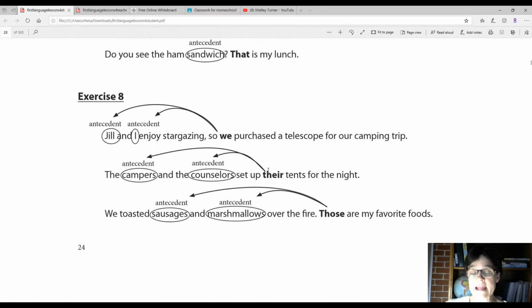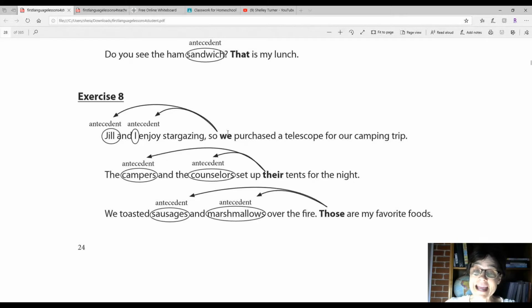Now, on exercise 8, this is just showing you what you're going to be doing, okay? Now, sometimes you might have more than one antecedent. Jill and I enjoy stargazing, so we purchased a telescope for our camping trip. Okay, we is the pronoun. Now that's plural, so it means more than one.